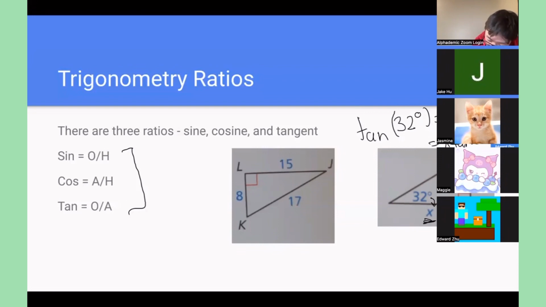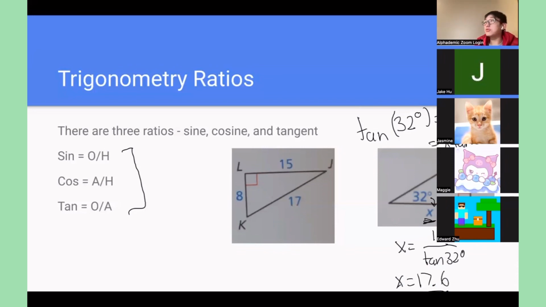Then you would move the tangent over to the other side, getting your final equation: x equals 11 over tangent 32 degrees. This is the point where you would solve it with your calculator, because you can't physically solve this by hand. In this case, you would get x equals about 17.6.